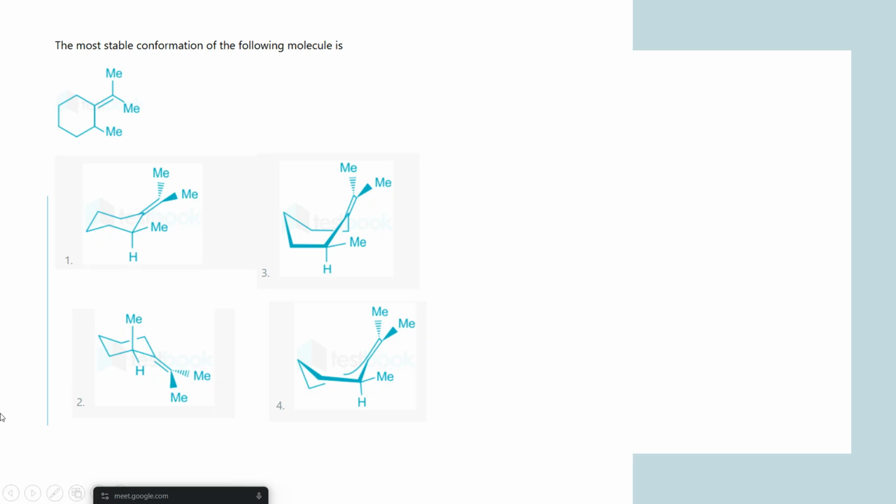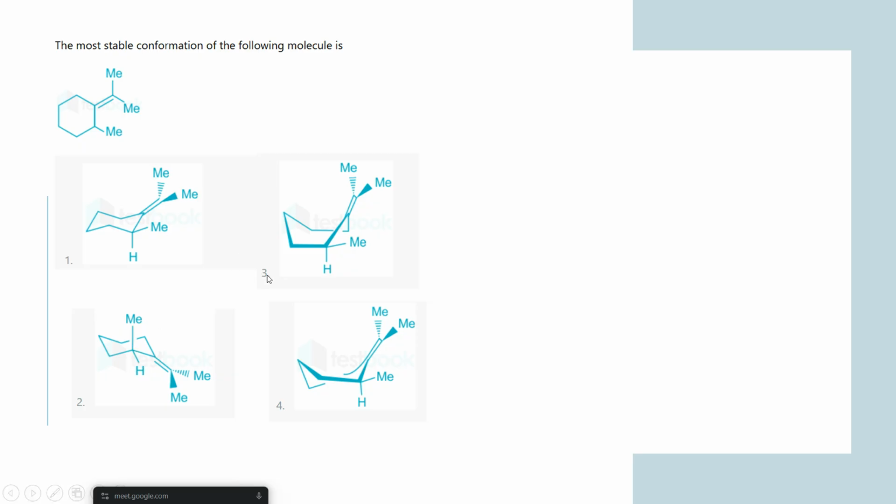If we look at the options, in the first option, apart from the double bond, the methyl substituent is present in an equatorial position. And in the second option, the methyl substituent is in an axial fashion, which will definitely cause very high 1,3-diaxial interaction.